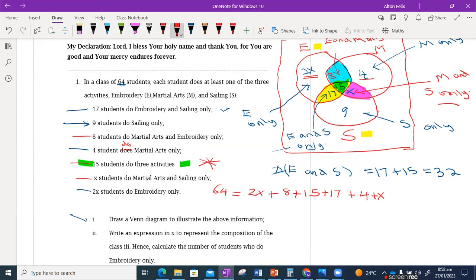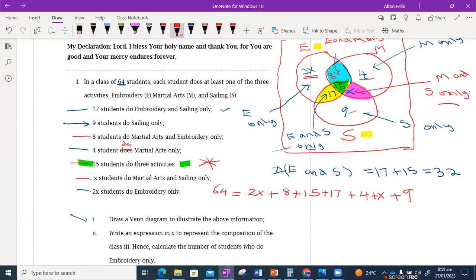We already accounted for the 15 in green and the 17 in yellow, which is part of the S circle. And therefore, we are now left with adding that final bit of information, plus 9. So all the information here, which represents the class number of students doing different activities, will equal 64. So let's see if we can solve this.